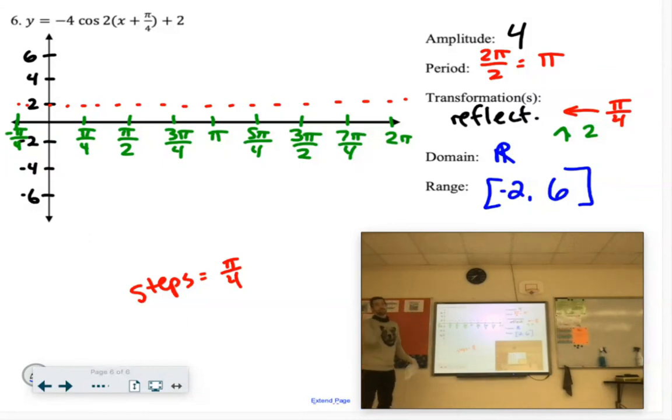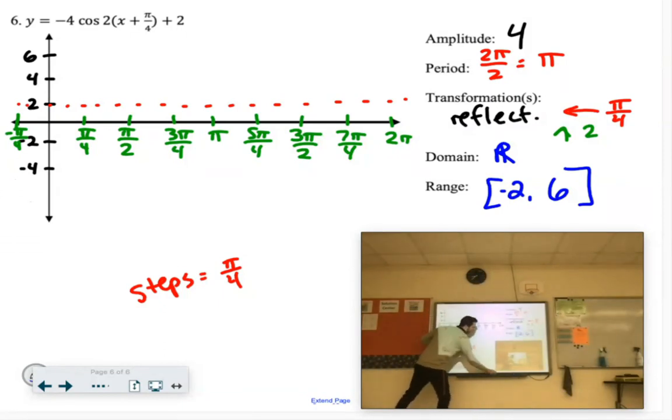Cosine starts at the maximum point, but this is reflected, so it's actually going to start at the minimum point. We're starting left pi over 4 at our minimum point. Oh, whoops, that's not our minimum point. Our lowest point would be at the -2, so we're right here.